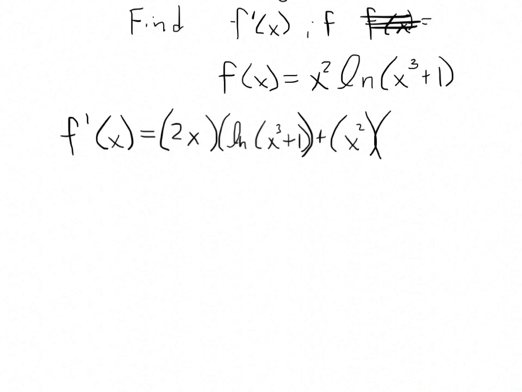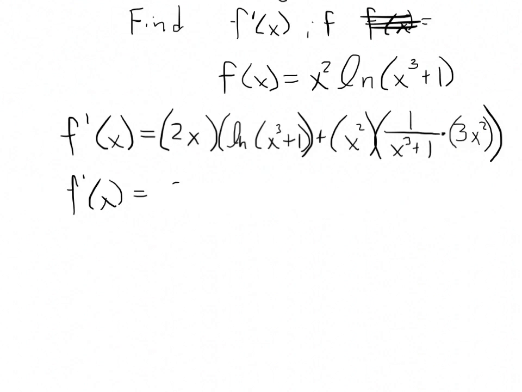Now the second one is natural log, so that's going to be 1 over x cubed plus 1 times the chain rule, the derivative of what was inside, the derivative of that x cubed plus 1 is 3x squared.